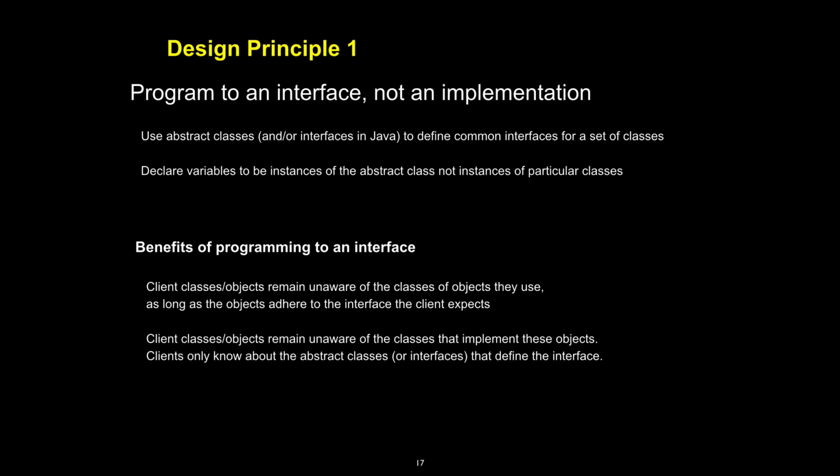And, for example, we use abstract classes or interfaces to define common interfaces instead of classes, so that can be used to represent them all. And then declare variables or parameters or arguments to be of that type. So then we can swap them in or out.